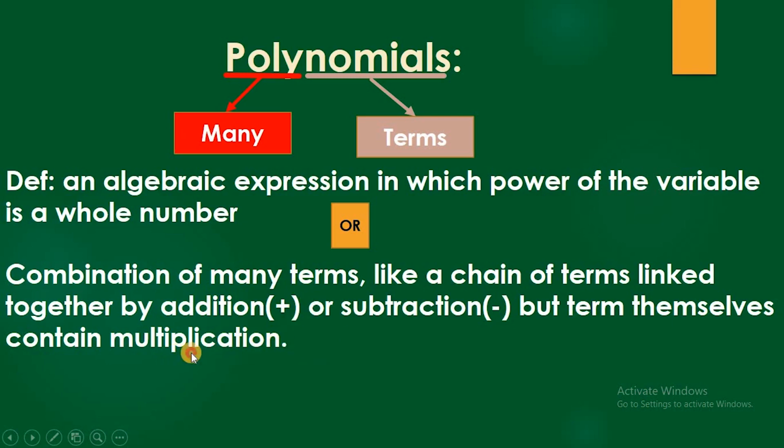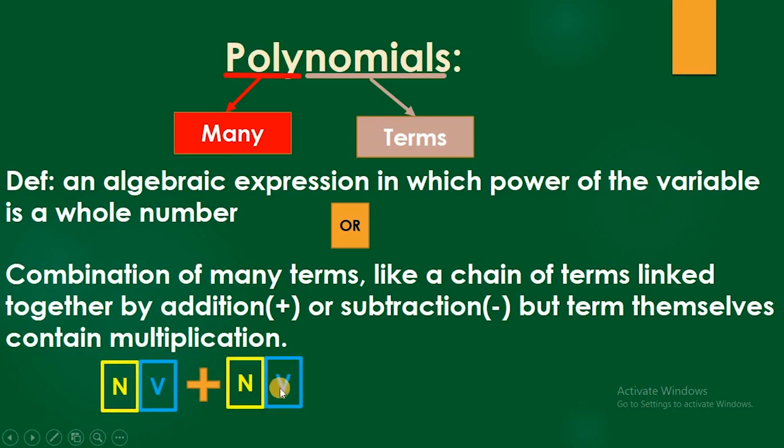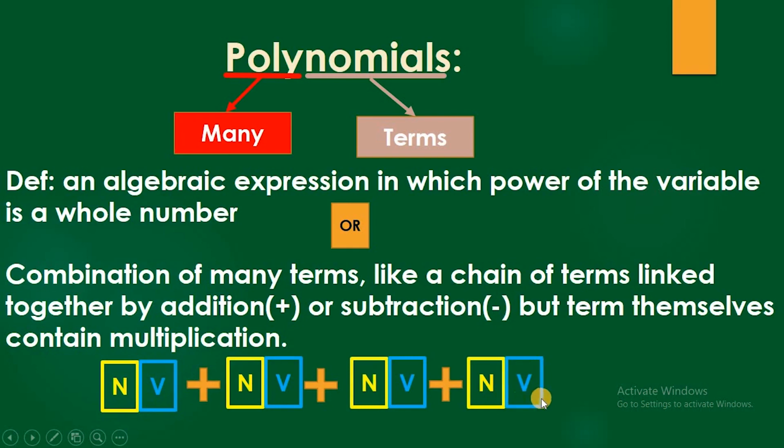Now we can take an example. This is one term, number part and variable part, plus again we have another term, number part and variable part, plus again another term, plus number and variable, that is one term. Similarly we can write as many terms as we want.